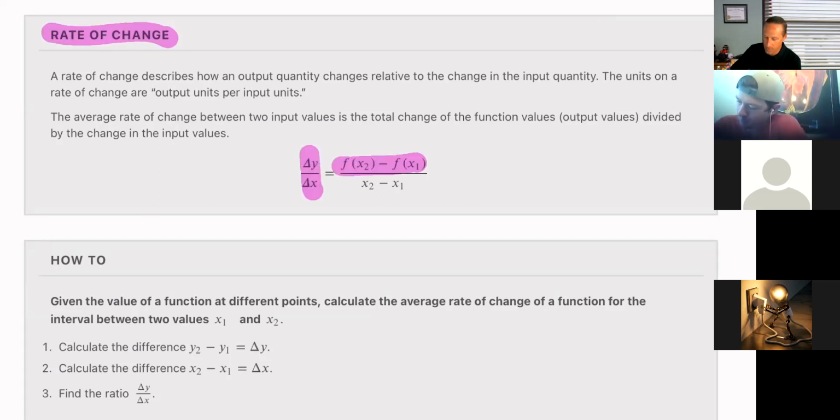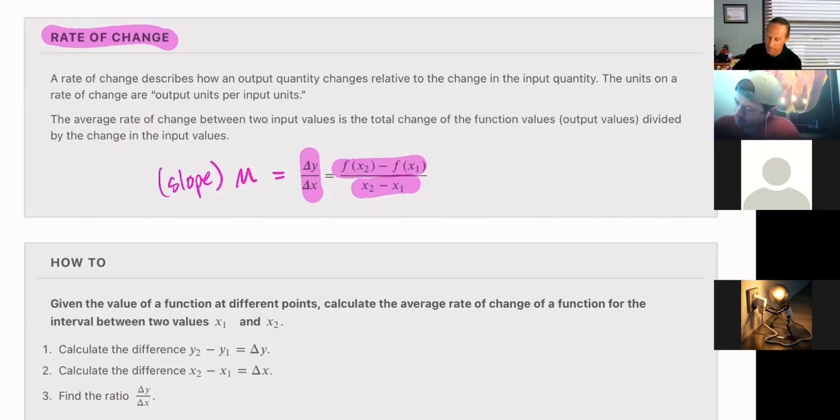Okay, so all I want to make sure that you guys understand is that this is the slope formula. Nothing new other than the way that we're going to use it. That's it.